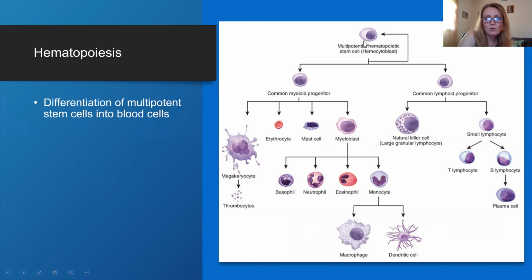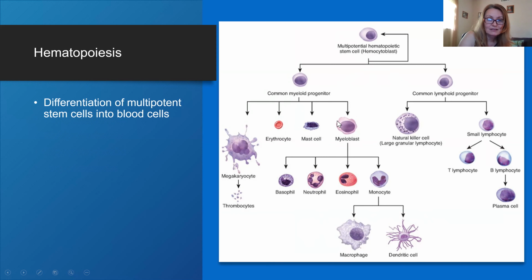But these multipotent cells can differentiate into myeloid progenitor cells and lymphoid progenitor cells. And these progenitors are not multipotent, because myeloid progenitor cells cannot differentiate into all these cells that come from lymphoid, right?